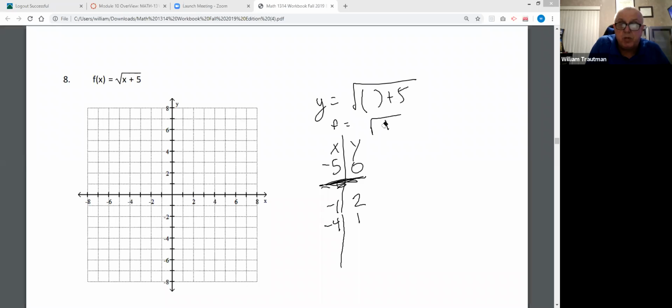And I'm going to put one more in here. I want a good positive number that I can add. Anybody know a positive number I can put in here? Any positive number will work, by the way. But what's a good positive number that will give me a perfect square? How about 4? 4 plus 5 is 9.